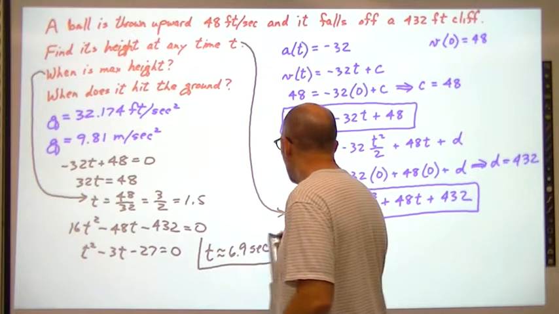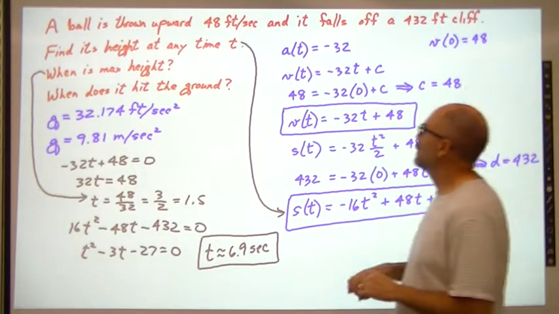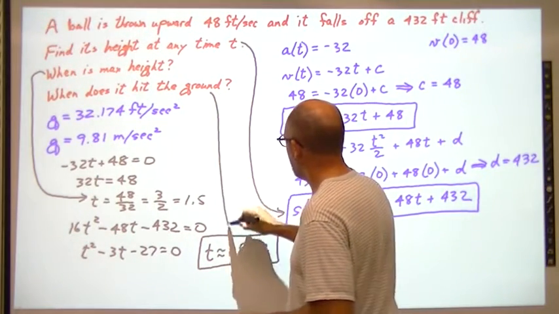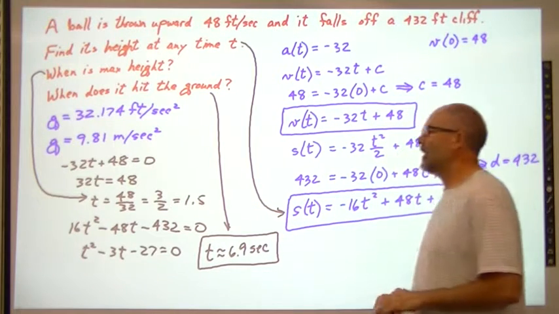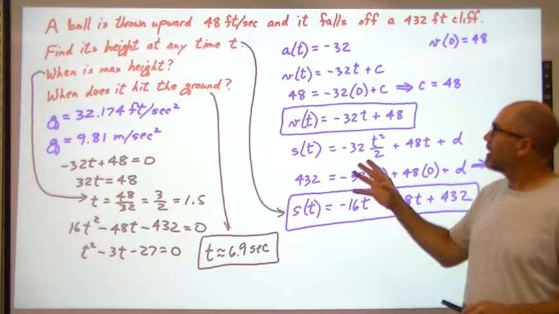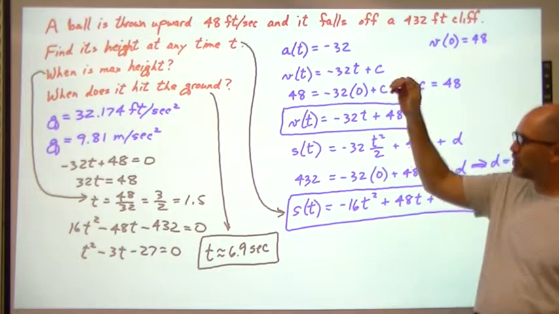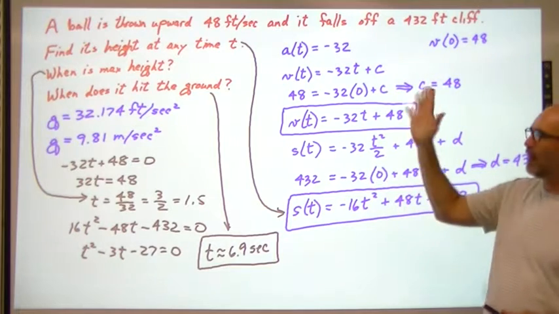Now, as in all physics problems, you should always compare your answer with your intuitive feeling of it. Think about 432 feet, and it's actually getting shot upward from there, so it's a little higher than that.